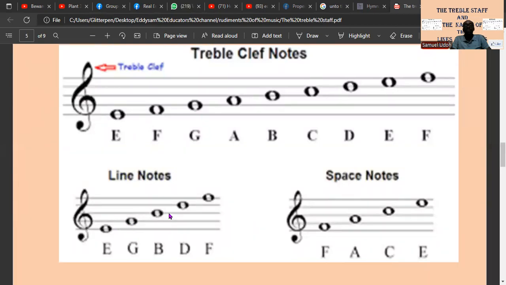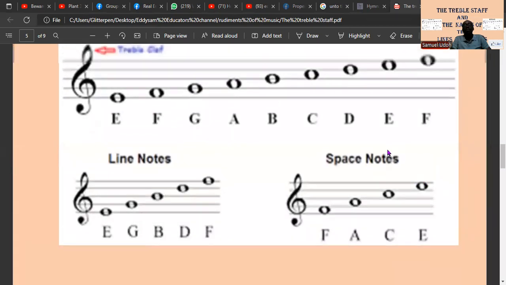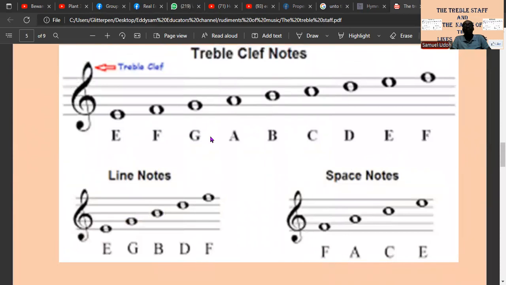You have G, B, D, F. You have line E, line G, line B, line D, and line F. While you have space F, space A, space C, space E.